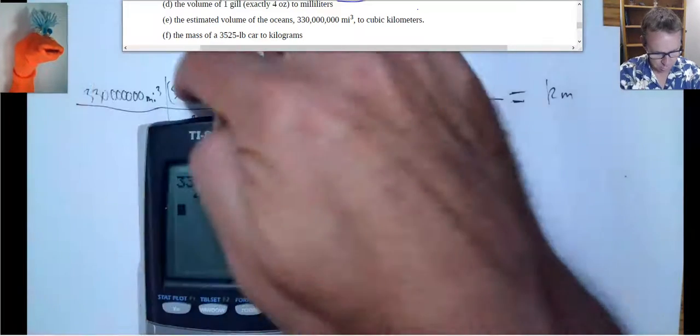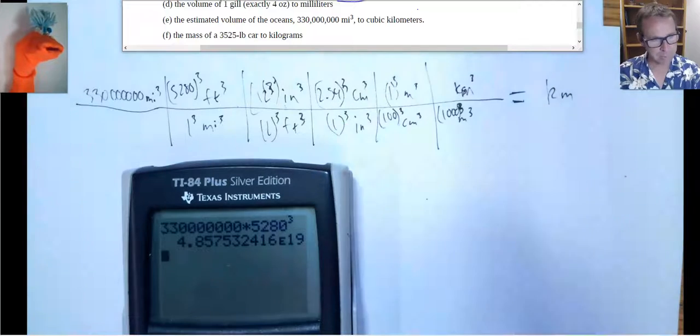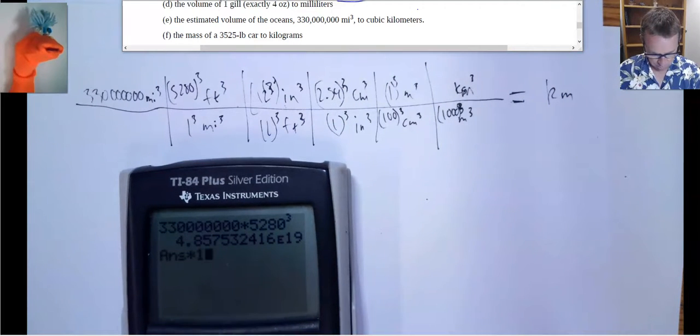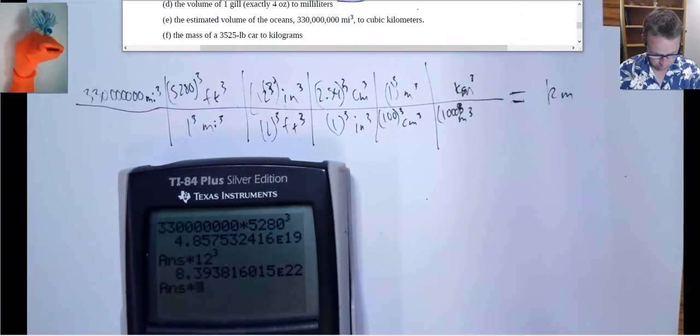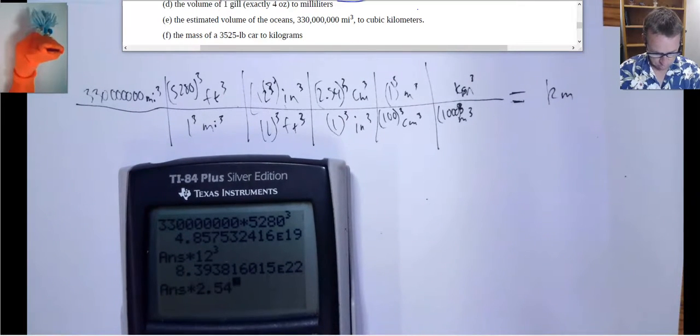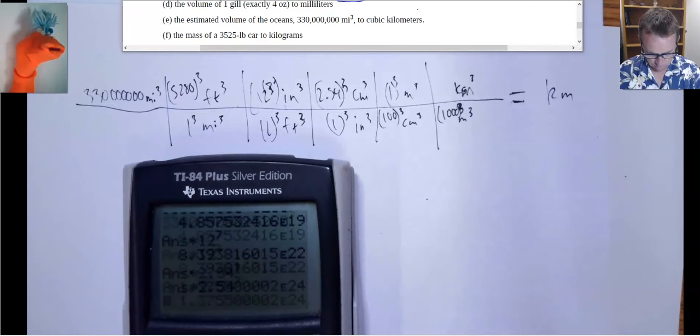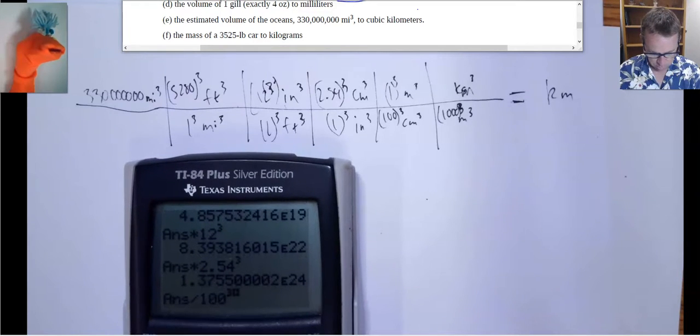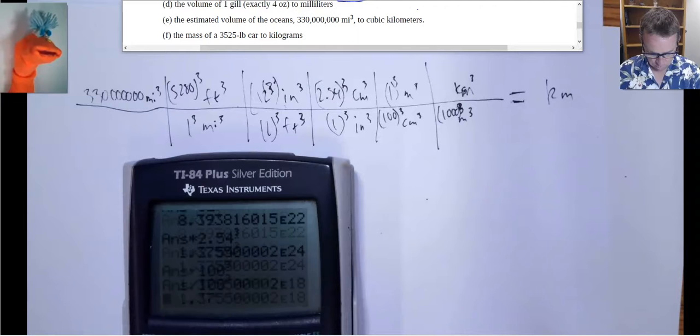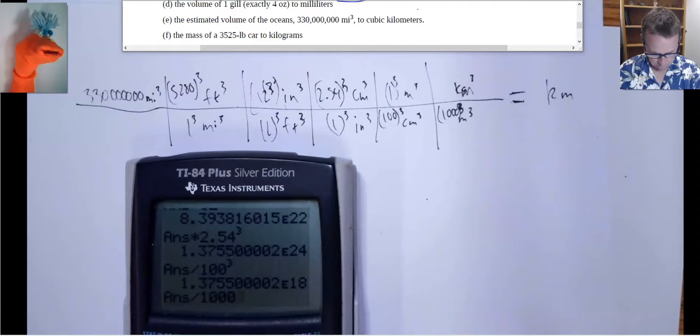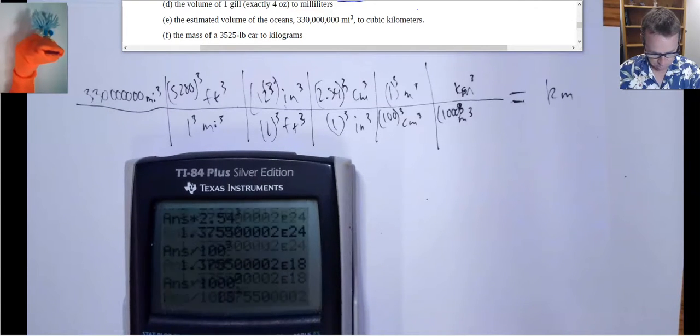So we just did that first step because of the cube getting in the way. So now we multiply that by 12 to the third. Now we multiply that by 2.54 to the third. Now we divide that by 100 to the third, 100 cubed. And we divide that by 1,000 cubed.